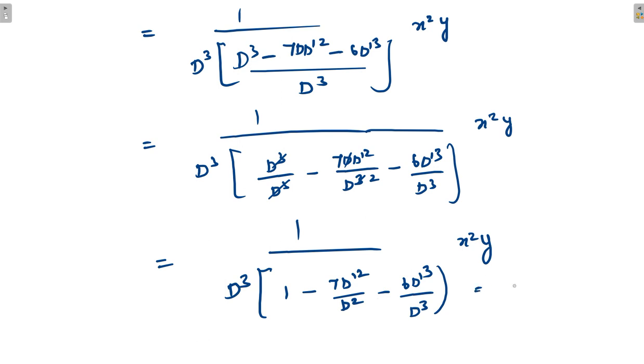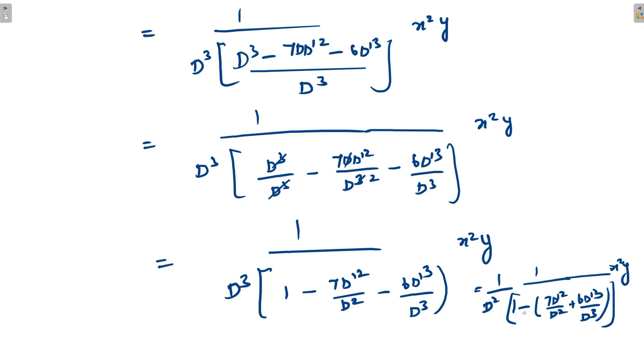So you can rewrite this term as 1 by D squared into 1 by 1 minus of 7D' squared by D squared plus 6D' cubed by D cubed, into x squared y. So I have taken minus in the second and third term as a common term.